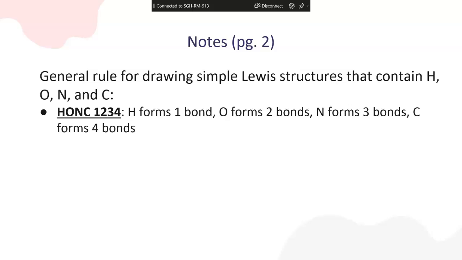These are all based on how many unpaired electrons there are when we draw their Lewis dot diagrams.